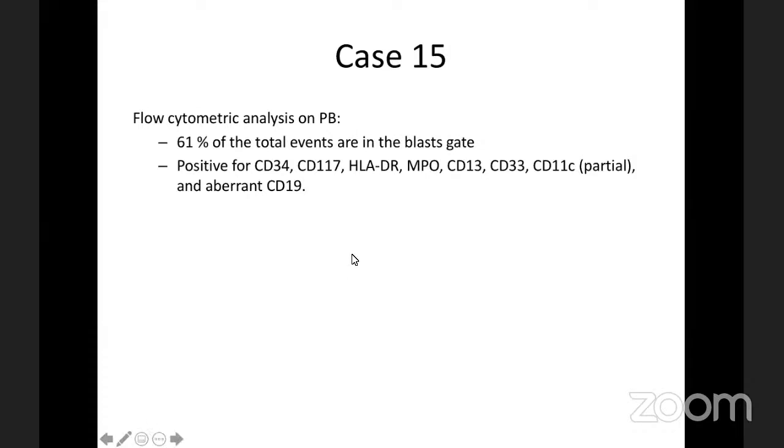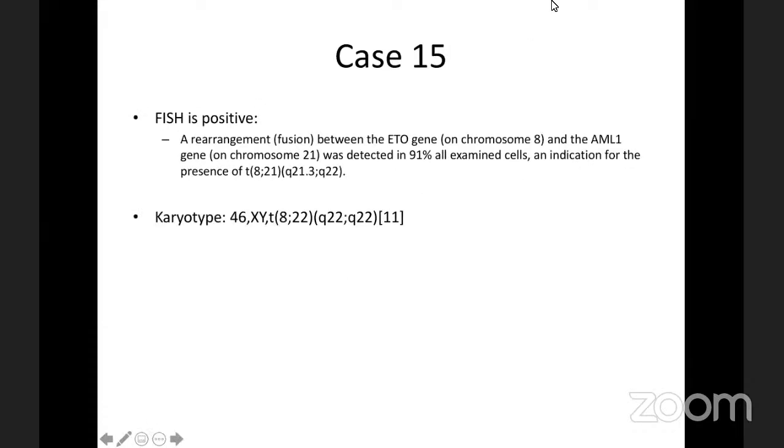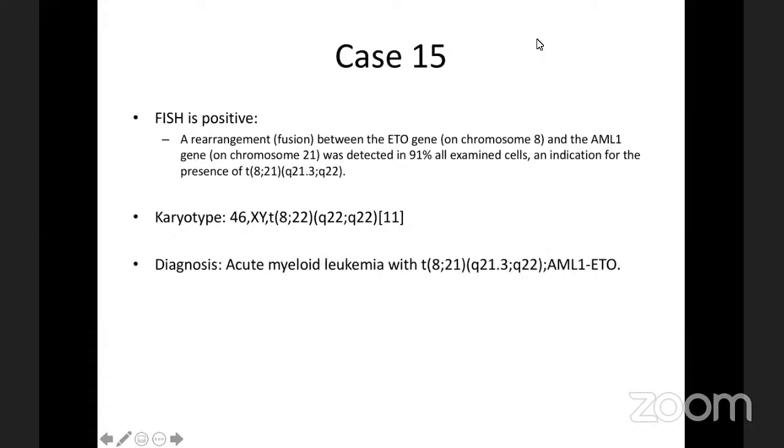Translocation 8;21 is expected. And the FISH came positive, and the karyotype also, and the patient was diagnosed as a case of acute myeloid leukemia with translocation 8;21. It's well known that this type of leukemia will have a co-expression of CD19 and also have the dysplastic and abnormal maturations in the bone marrow and peripheral blood.